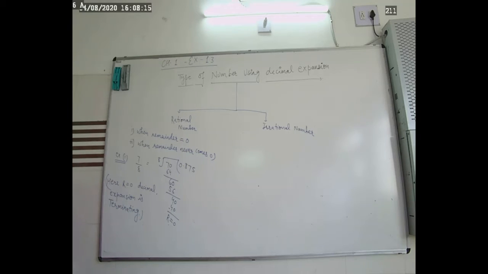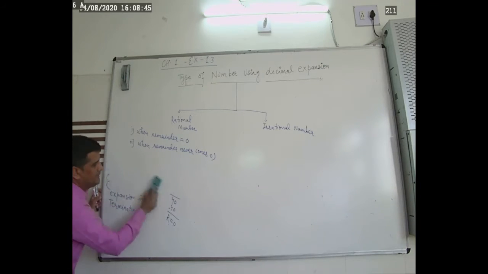When I say the decimal expansion is terminating, it means that when the division takes place and the remainder comes equal to 0, then I take the number to be a rational number. This is the first example, when the remainder is equal to 0. Now I will justify the same with the case when the remainder never comes 0. So this decimal expansion is terminating.